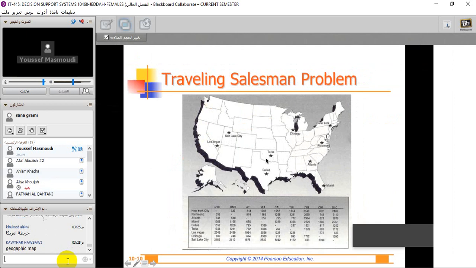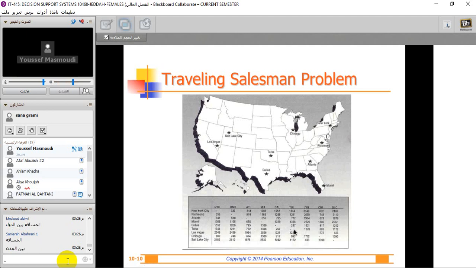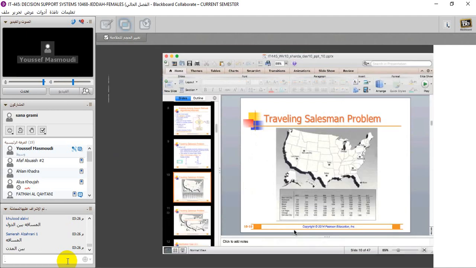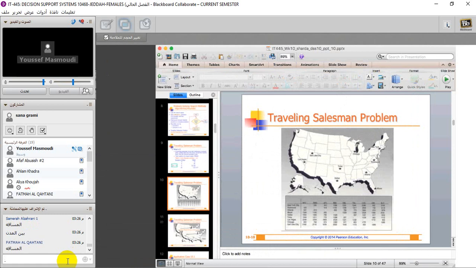Okay, you have to visit all the cities, and we have this matrix. What does this matrix represent? I'm waiting for your answer. The distance between the cities. Yes. The matrix is not a map of America. The matrix is a table containing the distances between these cities that the traveling salesman problem has to visit. Okay, good.